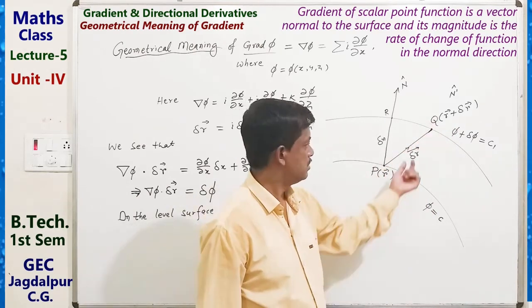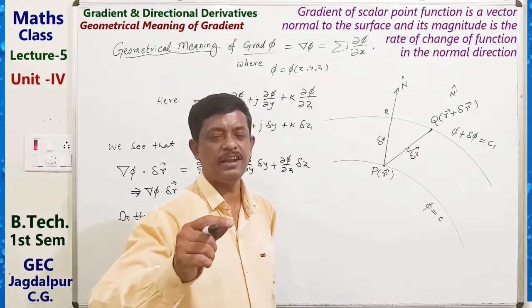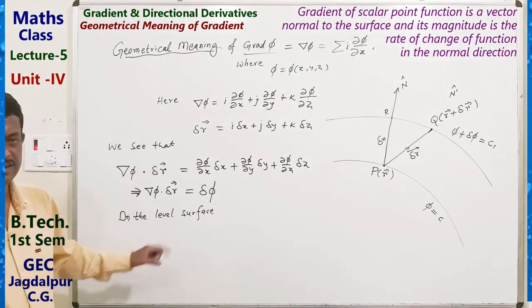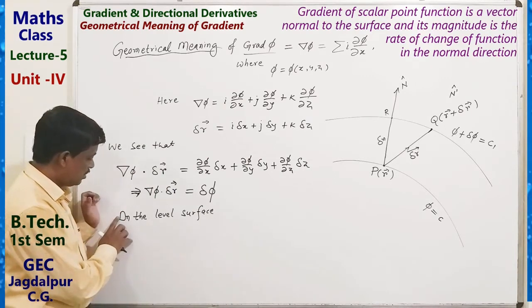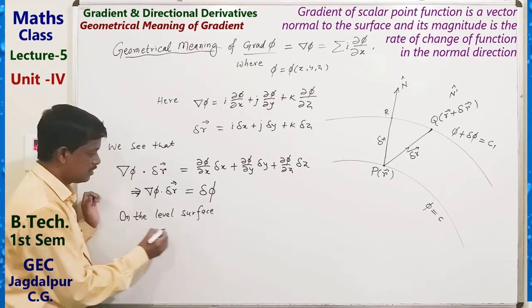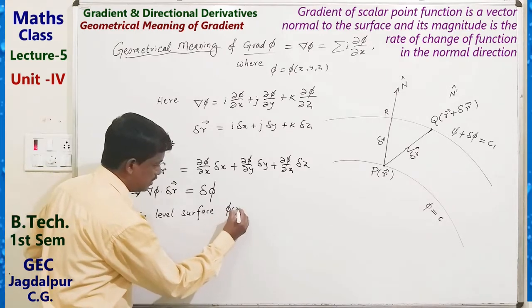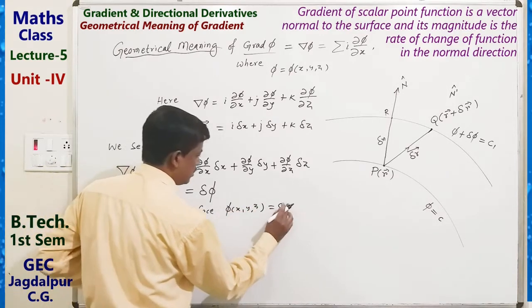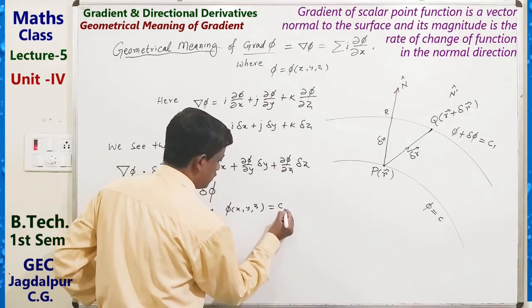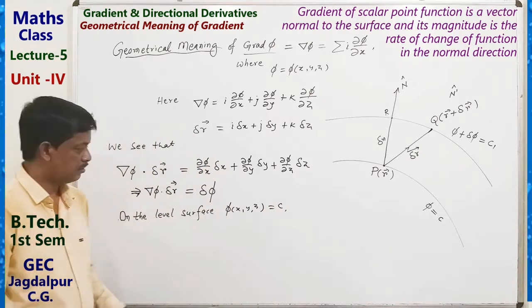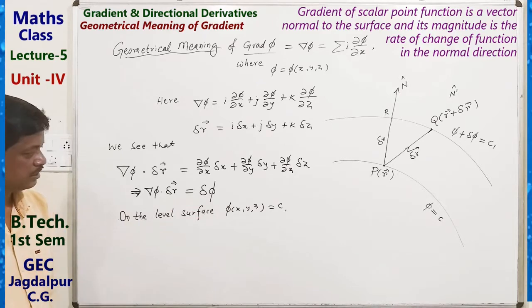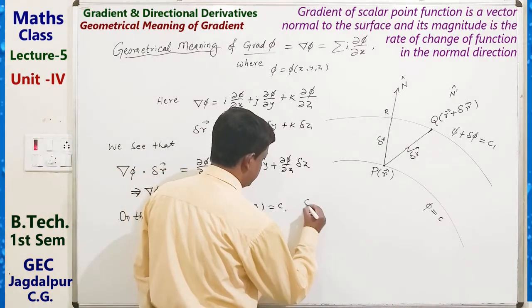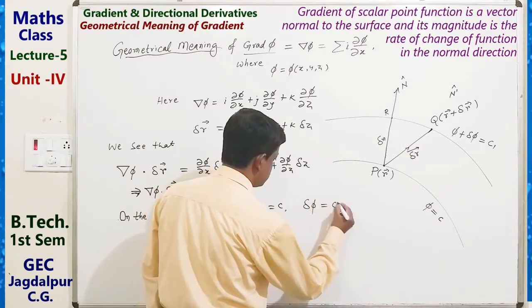In that case, we can write delta as d. So on the level surface, phi of x, y, z equals c, delta phi equals 0.